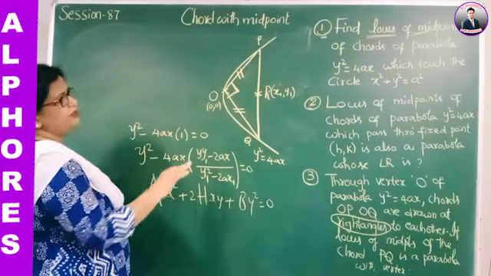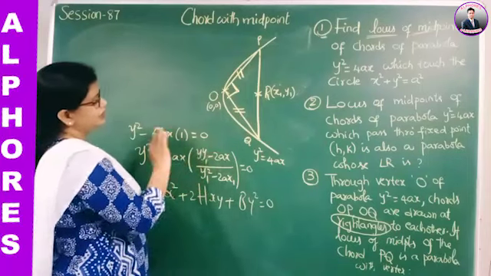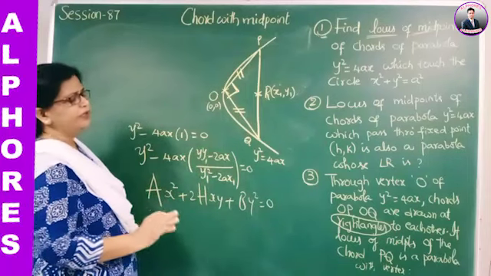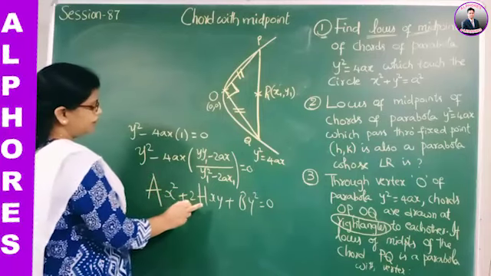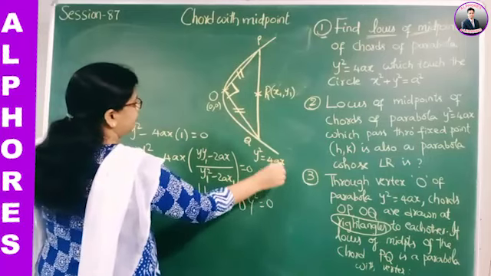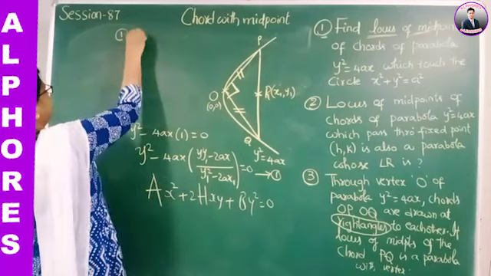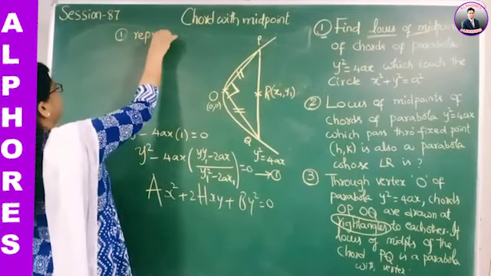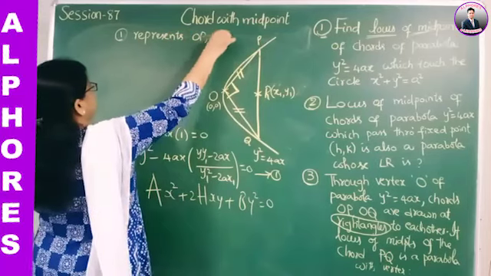So whenever any problem is given as locus of middle points, first just find S1 is S11. After that think what is the given condition in the data. Now this equation 1 is representing what lines here? OP and OQ. So 1 is representing the pair of lines OP, OQ.